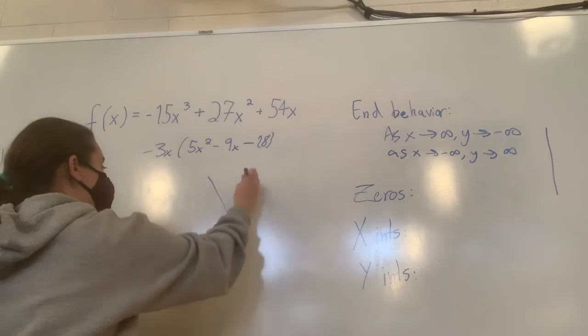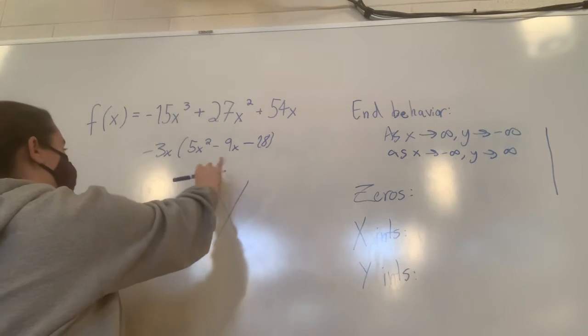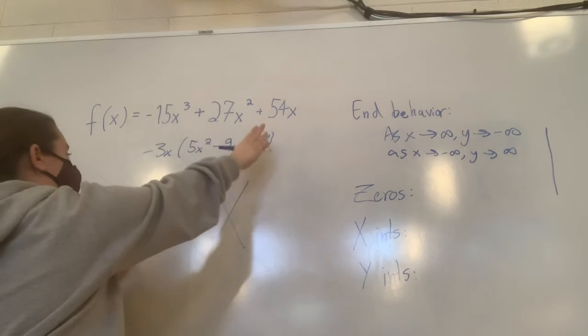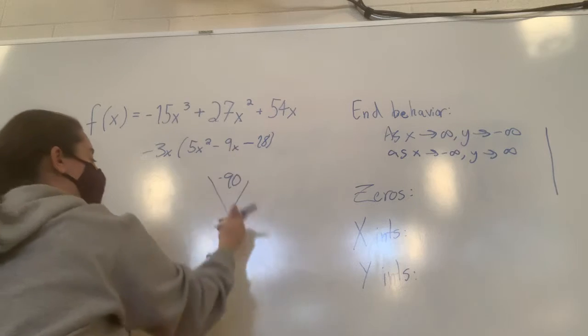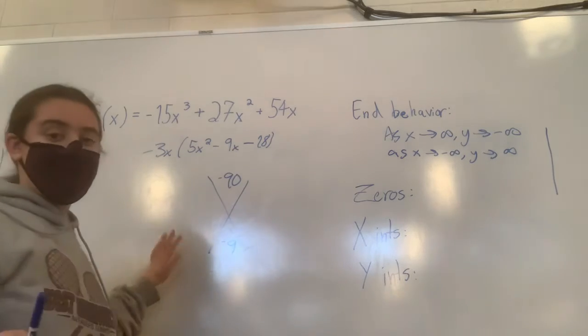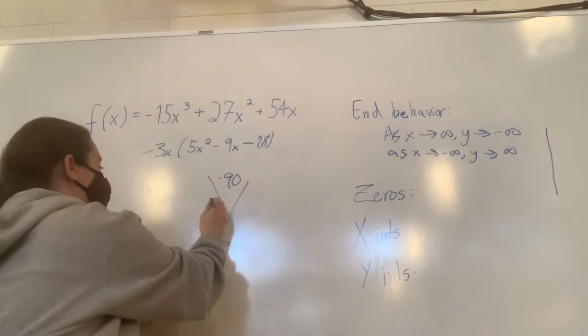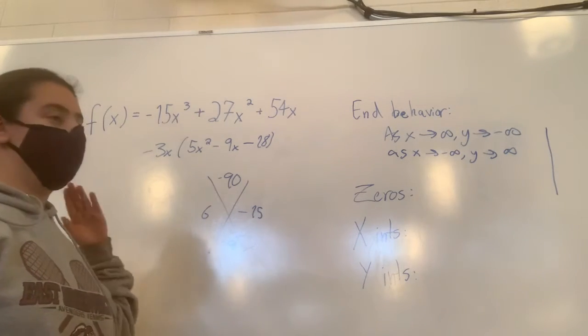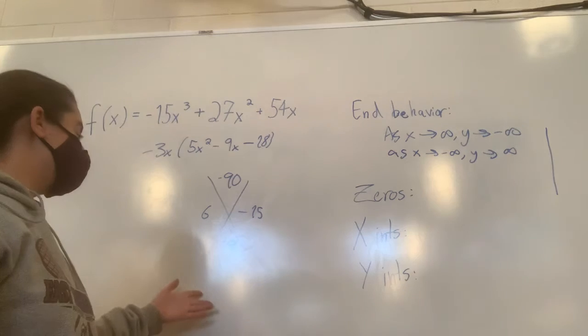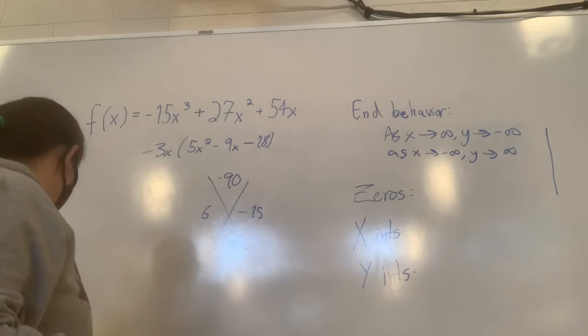If we take the product of our leading and our constant, we get negative 90, and we bring negative 9 down here. So the factors we're going to use are 6 and negative 15, because 6 times negative 15 is negative 90, and 6 plus negative 15 is negative 9.